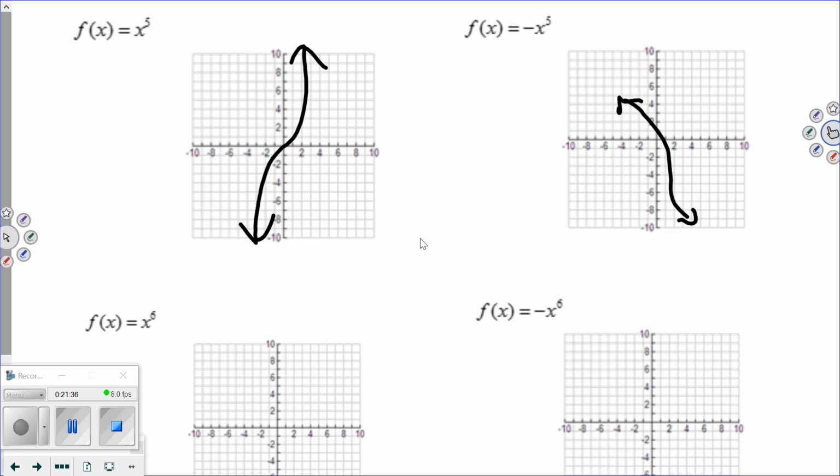Close enough, she says. It's close, but I might change this just a little bit. It's going to go back up. It's not going to keep going, veering out to the side. All right, Angel, pick somebody for x to the sixth.